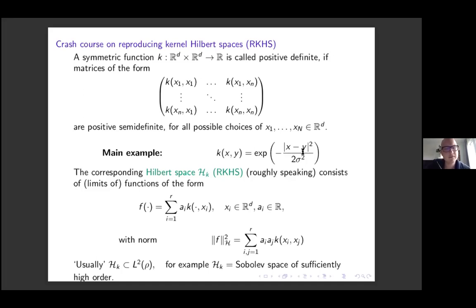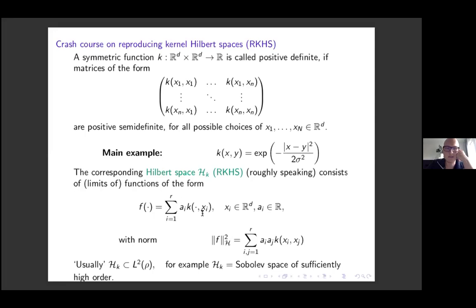And then starting from this, we can think what these functions in the reproducing kernel Hilbert space look like. Namely, they are built together from these basic building blocks where you fix one of the arguments. So this means in this case for the Gaussian kernel that you shift the kernel around like this, and then you can scale it up and sum such Gaussian bumps together and you get a function like this.